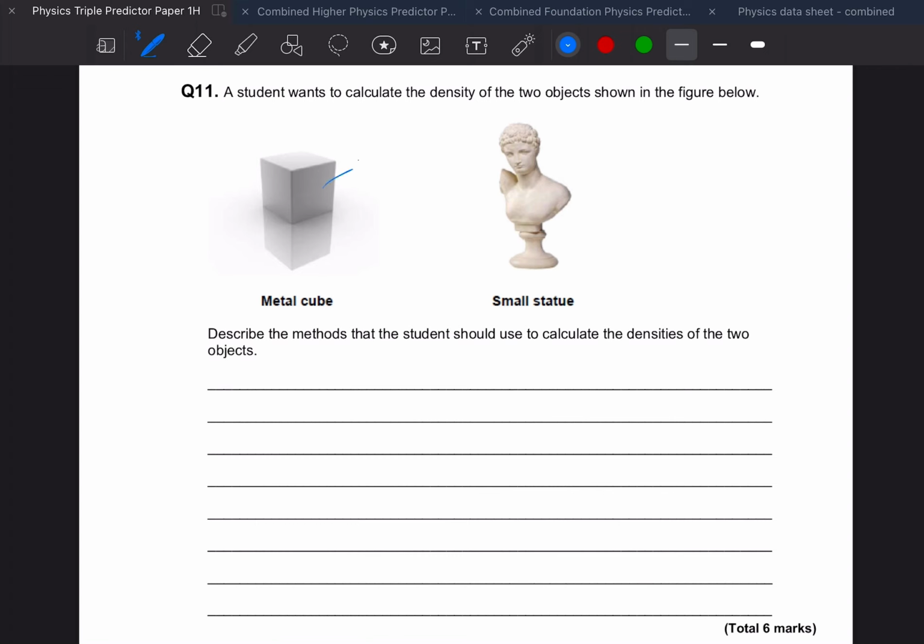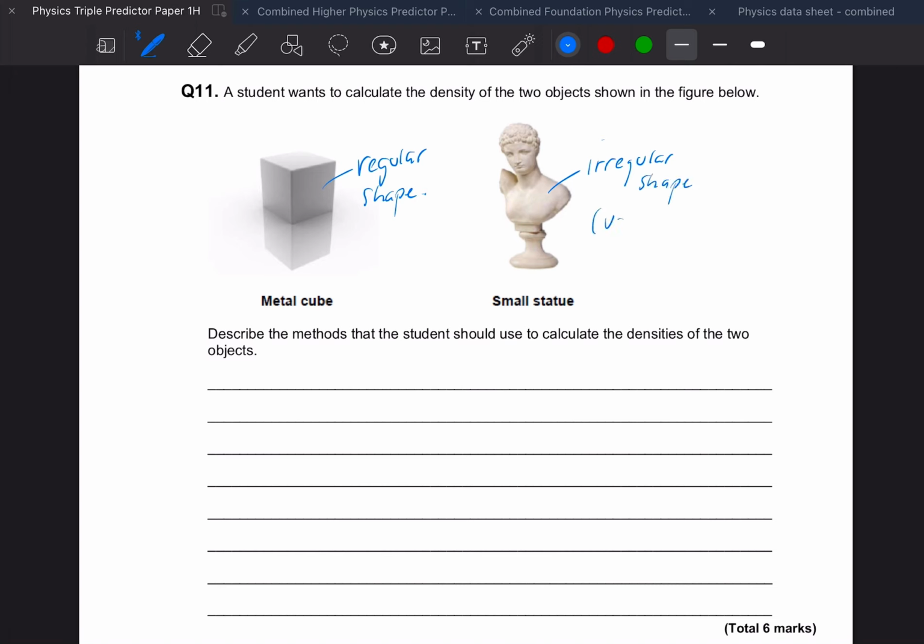We have got this, which is a regular shape, because we can find its volume using a formula, and this is an irregular shape.